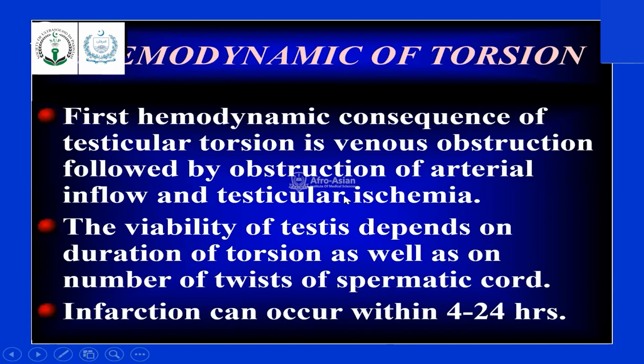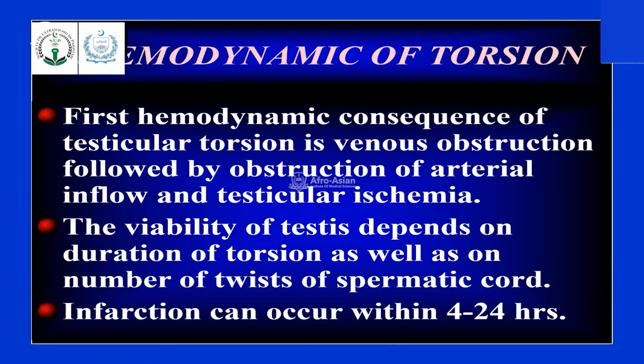Hemodynamics of torsion: the first hemodynamic consequence of testicular torsion is venous obstruction, followed by obstruction of the arterial inflow, and testicular ischemia. The viability of testes depends on the duration of torsion as well as the number of twists of the spermatic cord.